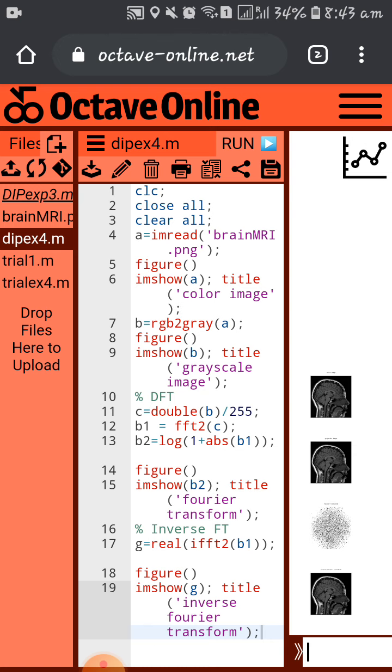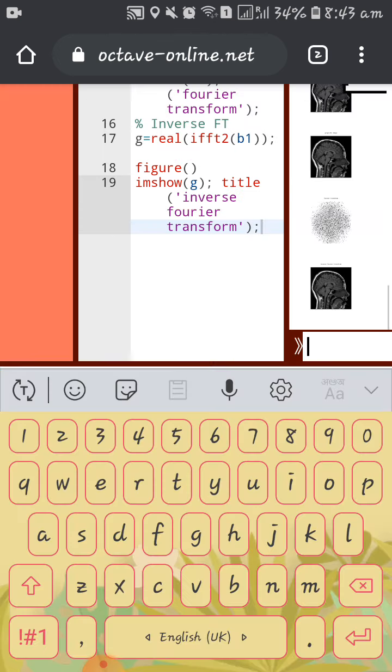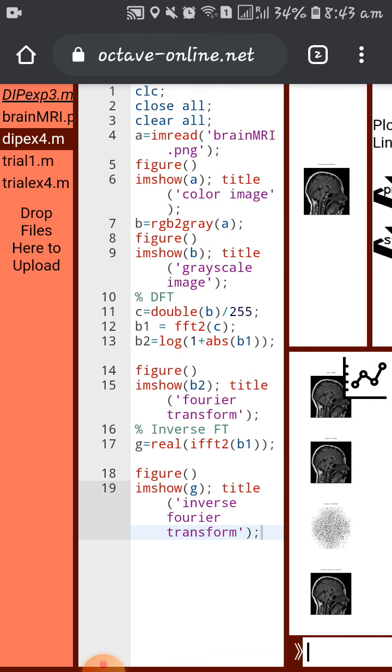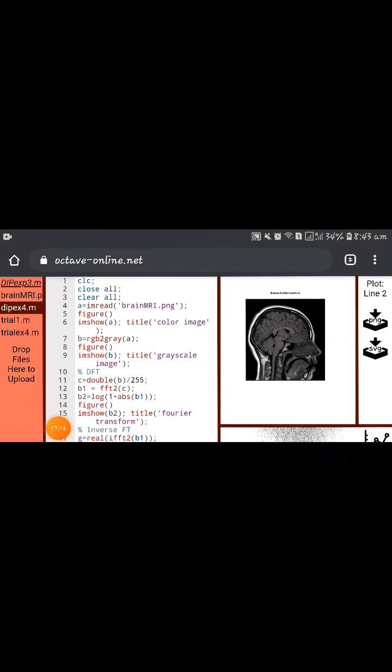So I'll just click on the figure window and let me rotate my screen. So you can see at the top right there is an arrow. This is your last image. So there is a previous image which is Fourier transform, grayscale image, color image.